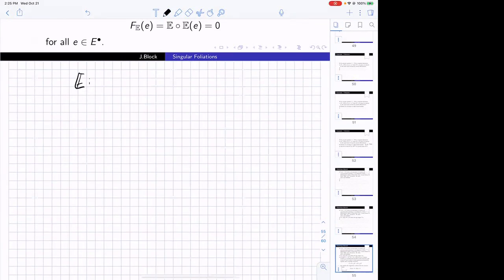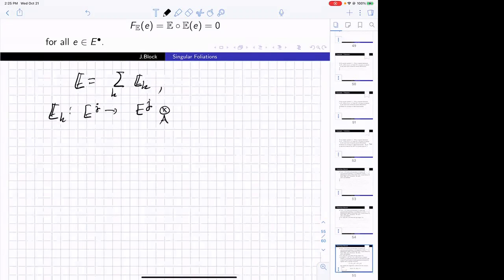E will be equal to a sum of E^k, where the connection maps E^j, the thing in degree j, to E^j tensor over A, those are the functions, with A^k. And to be of degree 1, it has to map to E^j tensor A^k in degree j minus k plus 1.